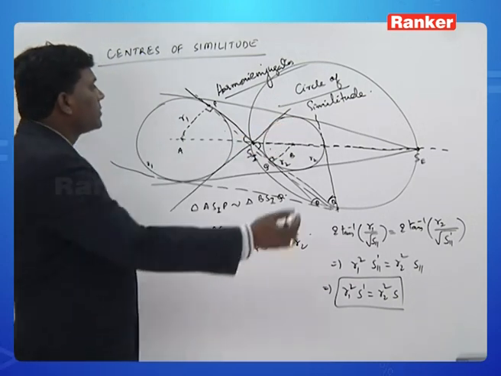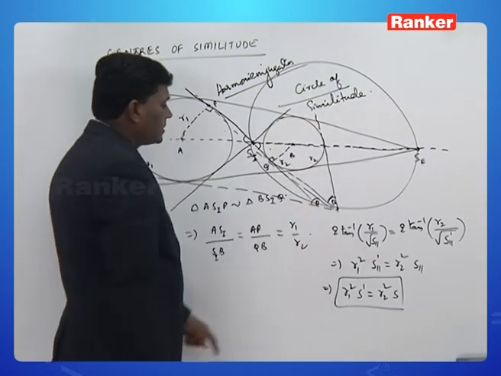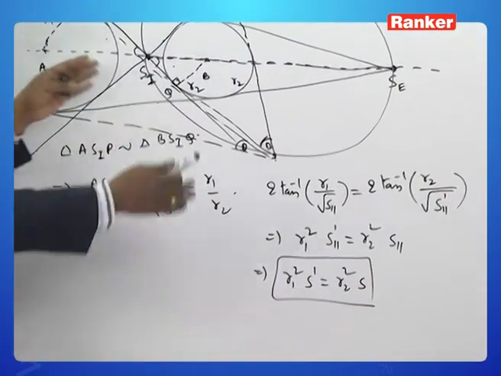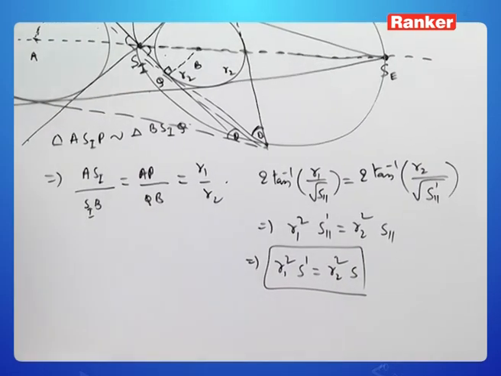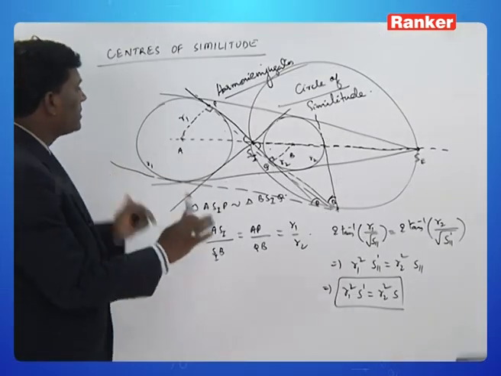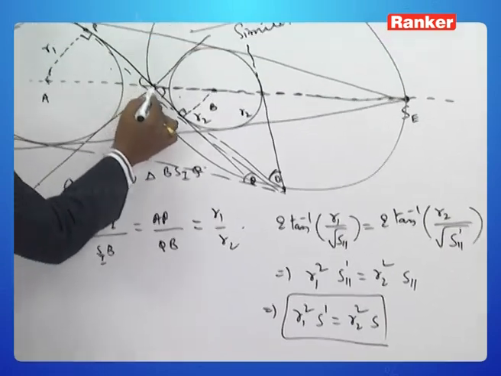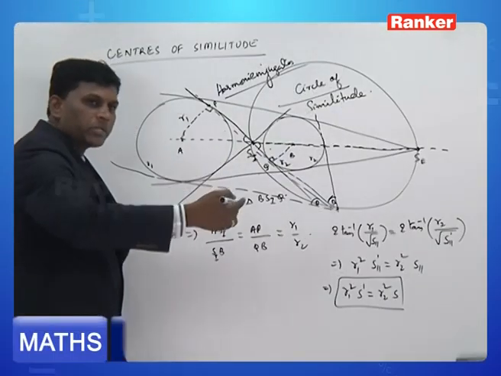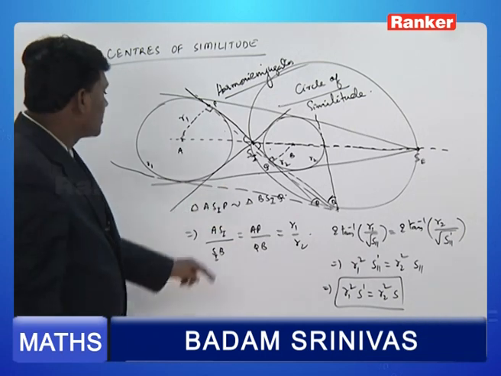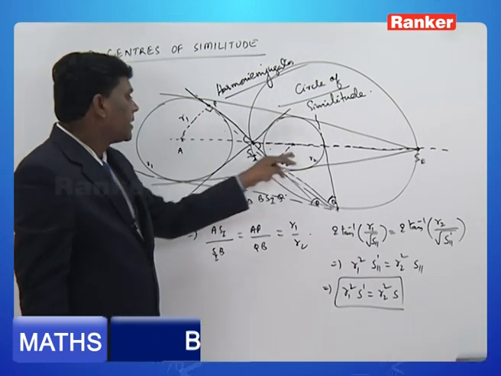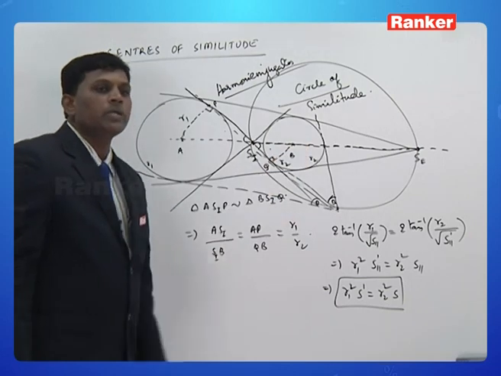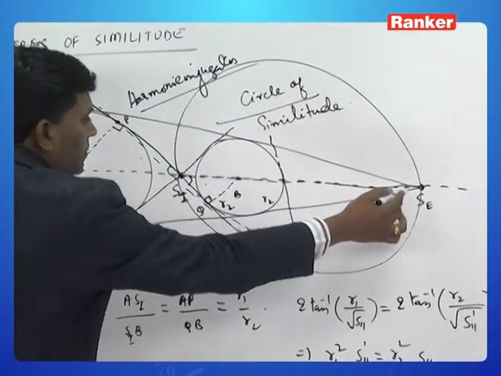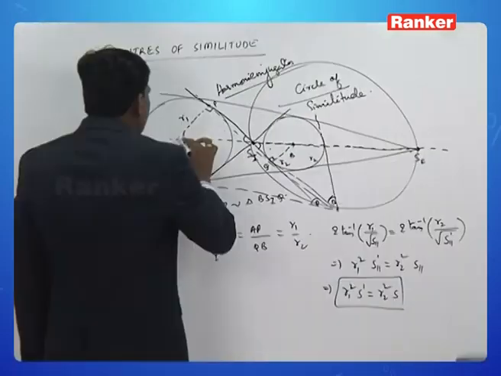How to find this circle of similitude using this mathematical formula has been analyzed from this diagram very comfortably. We have also proven that the centers of similitude always divide the centers in the same ratio, internally and externally, R1 is to R2. Hence these two can also be taken as harmonic conjugates to each other with respect to the centers.